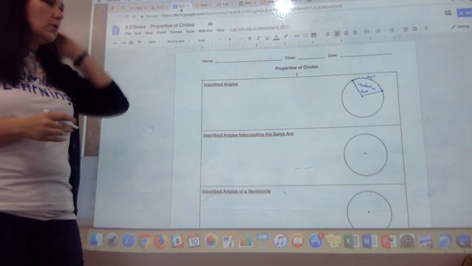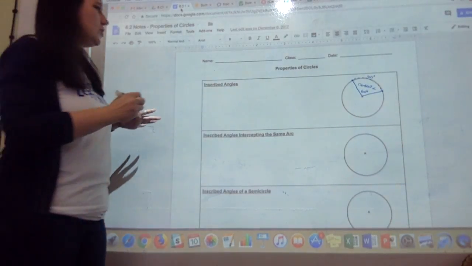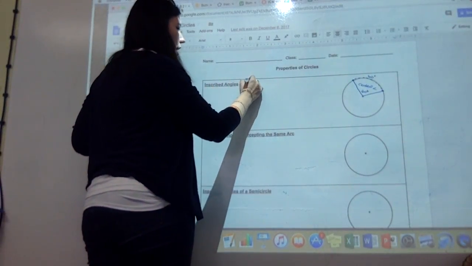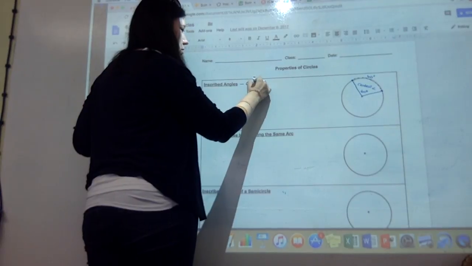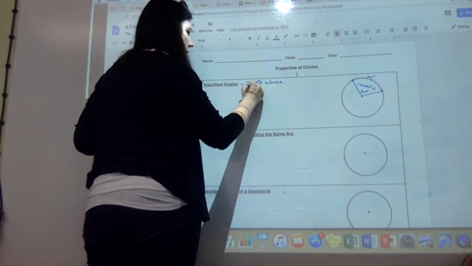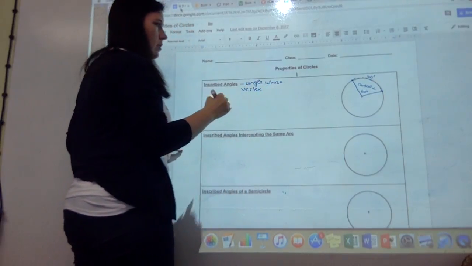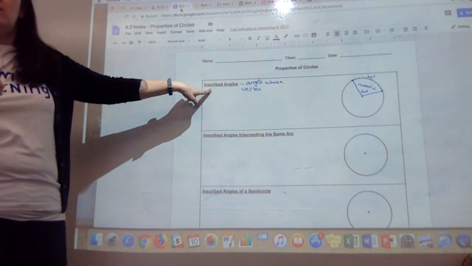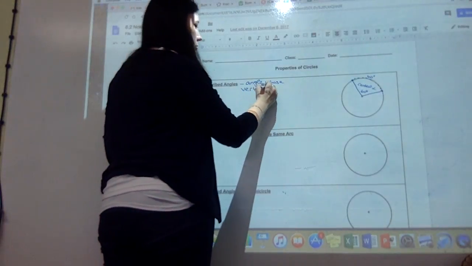So what is the definition? What would you say? An inscribed angle is an angle whose vertex is where? Not in the center, but on the circle.